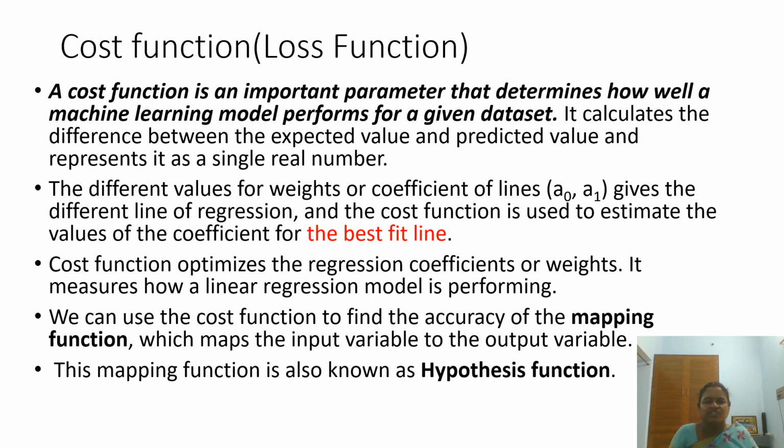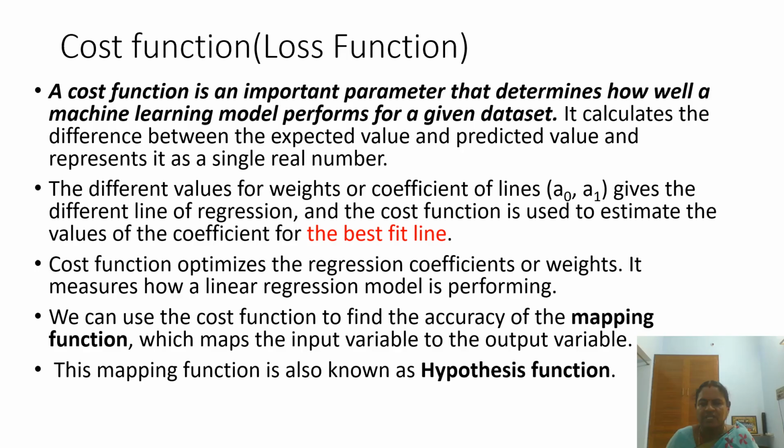A cost function, otherwise called a loss function, is an important parameter that determines how well a machine learning model performs for a given data set. It calculates the difference between the expected value and the predicted value and represents it as a single real number. The cost function is used to estimate the values of the coefficients for the best fit line.